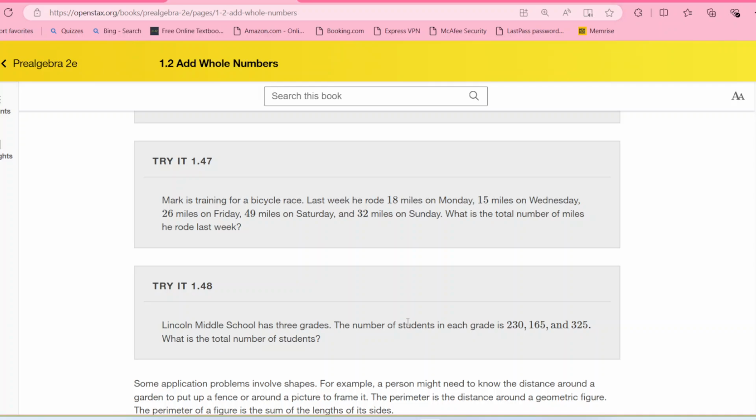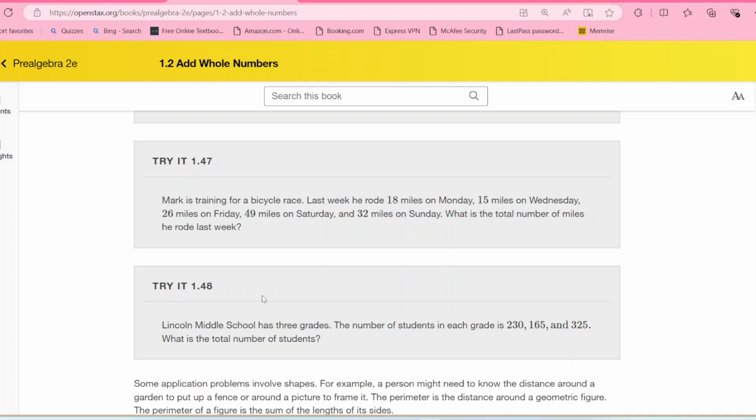And then come back, watch me do them, or check the answer in the answer key in the text, and see how you're doing. See how well you're picking up the material. Because if you're just watching me do these things and not putting in any work or effort yourself, not writing things out yourself, there's a good chance that you're not going to pick up the material as well as you'd like.